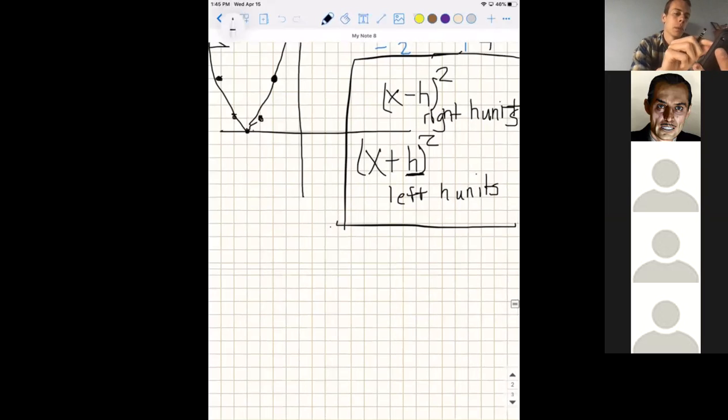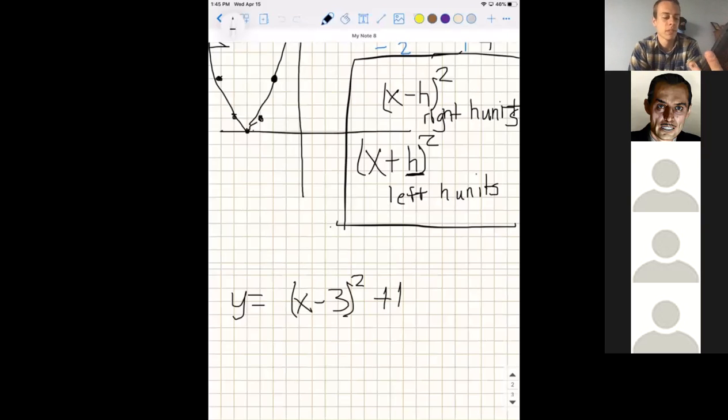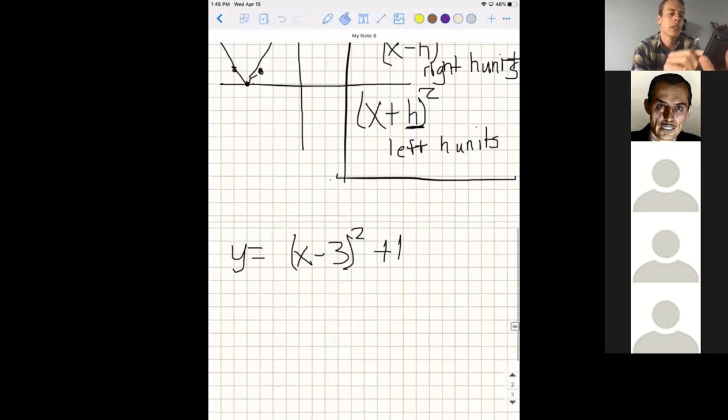The other piece, we're gonna get a little bit more tricky, and we're gonna say, what happens if we have an equation that looks like this? y equals (x minus 3) squared, and then we're gonna put a plus 1 on the end. Just for this one, we'll do the input output tables, and for our next example, we won't have to.